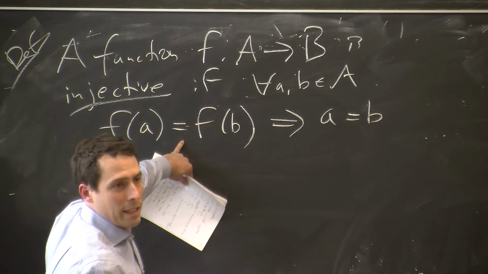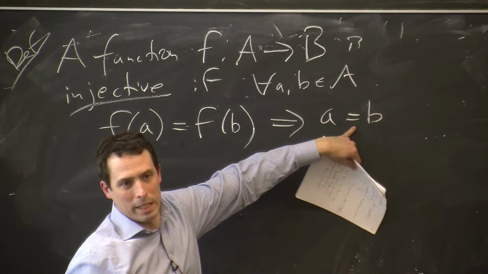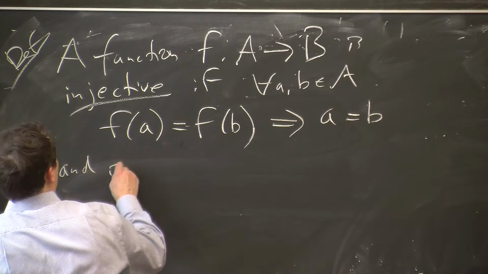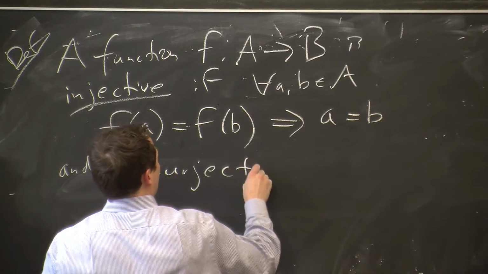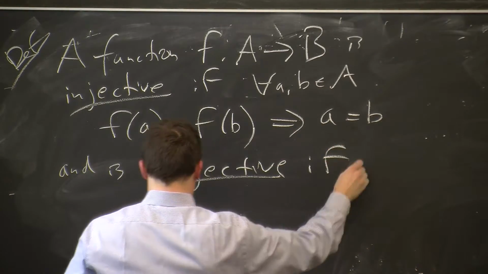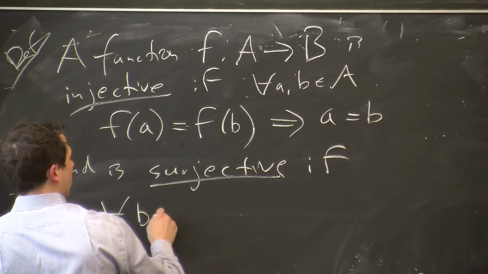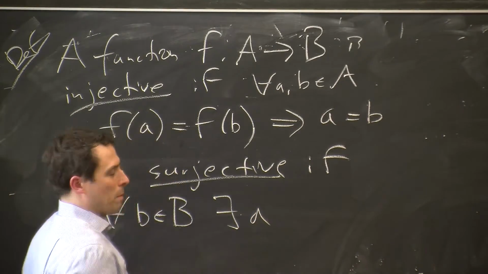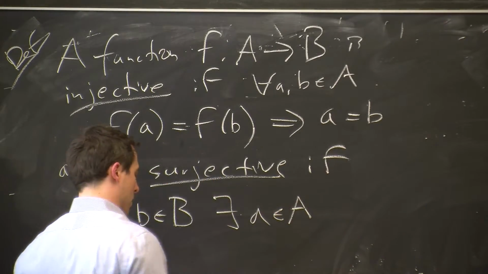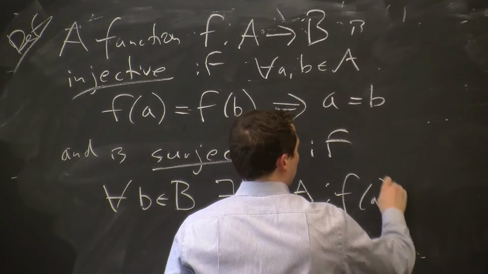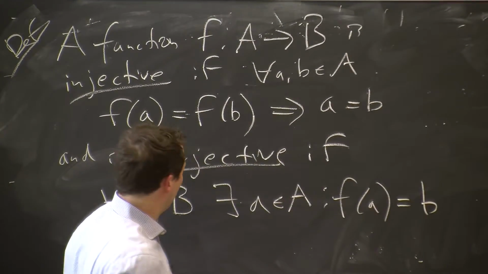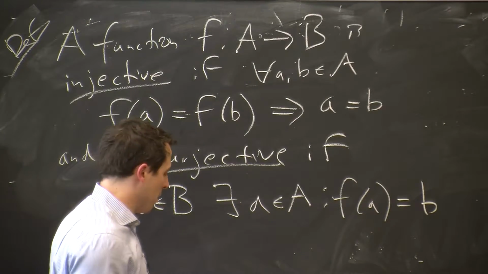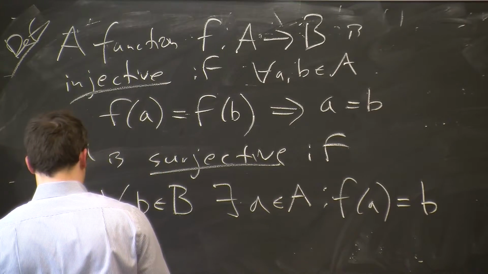So this equality is happening in the set B, and this equality is happening in the set A. And it's surjective if, given any element in the codomain, any little b in B, there exists some element of the domain such that that element maps to little b under f. So we can hit every element in the codomain by applying f to something in A.